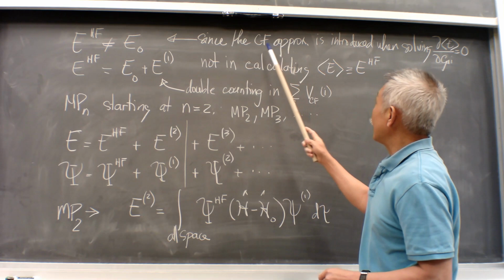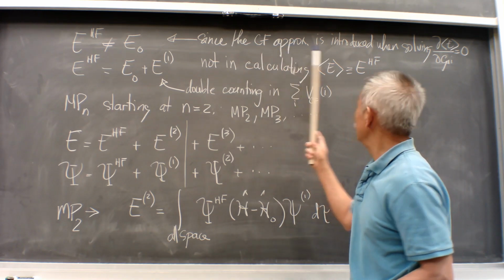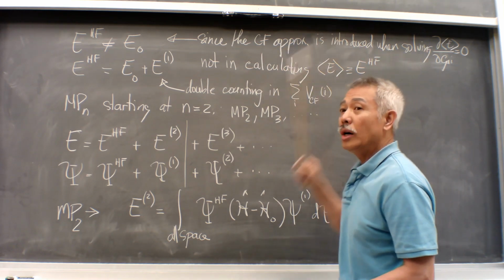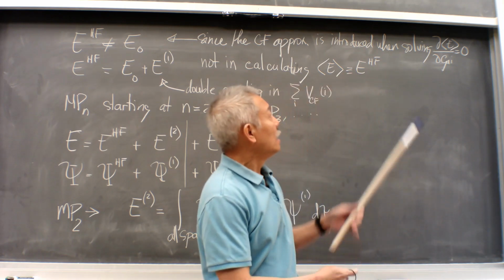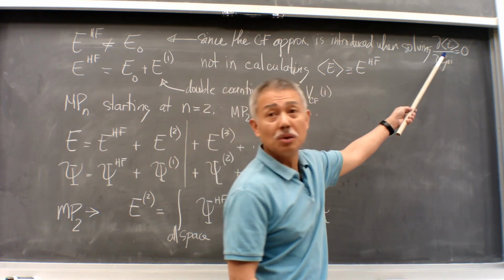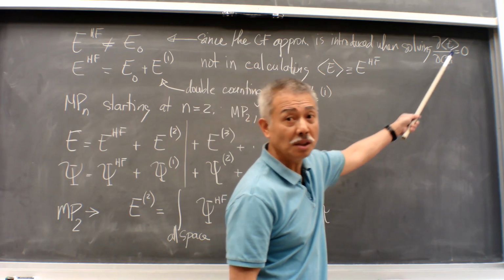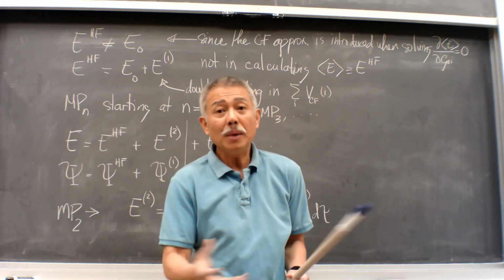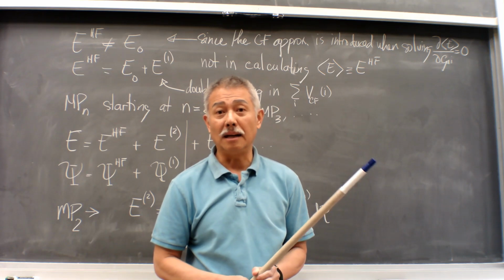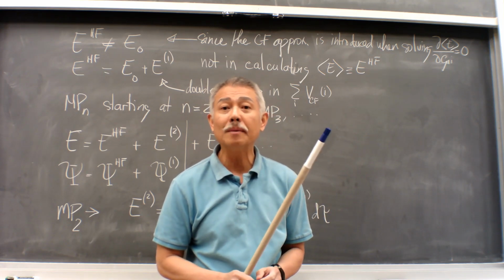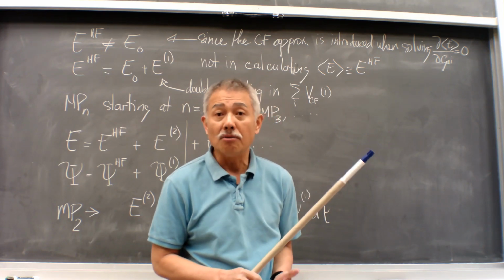Remember that we introduce the central field approximation only when we solve the partial derivatives of the average energy with respect to the coefficients equal to 0. It's because we cannot factor that partial derivative into a form that we can solve.